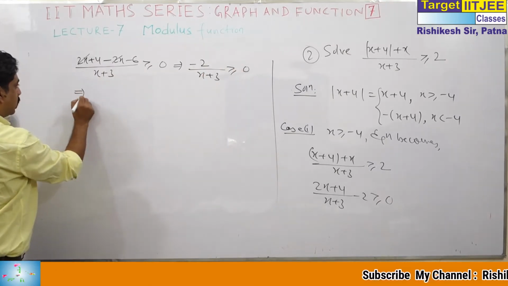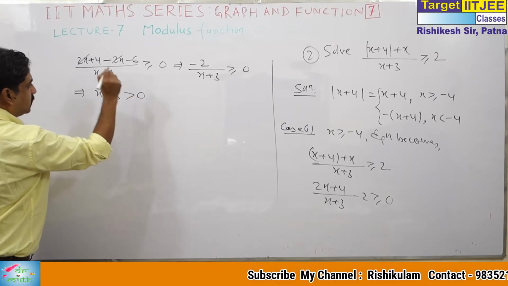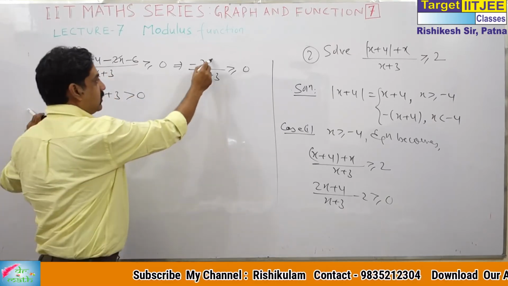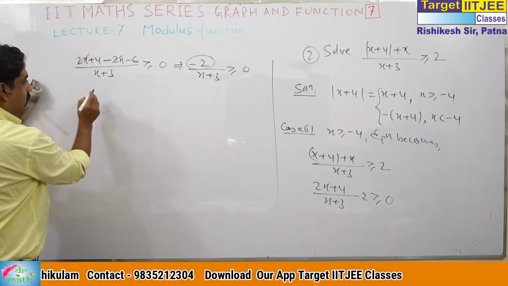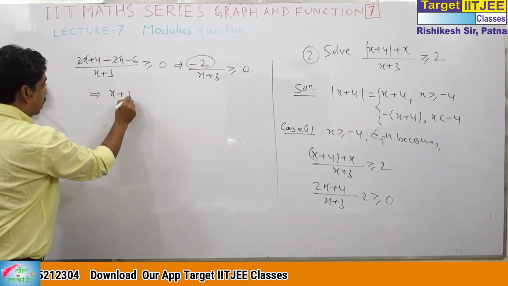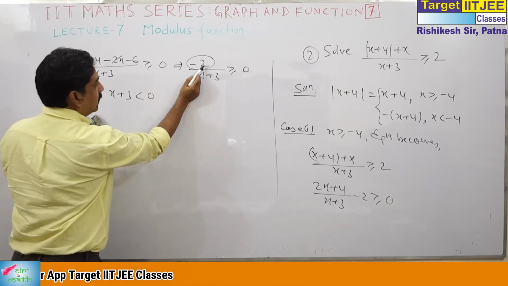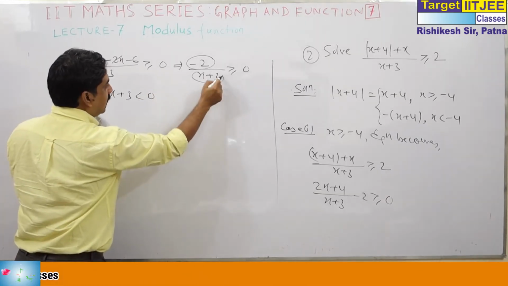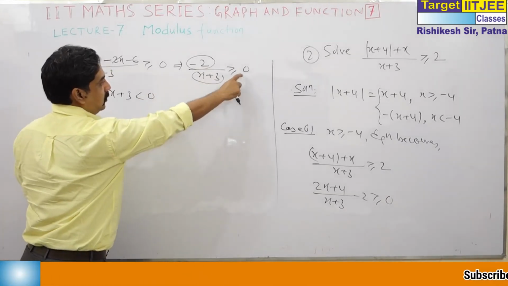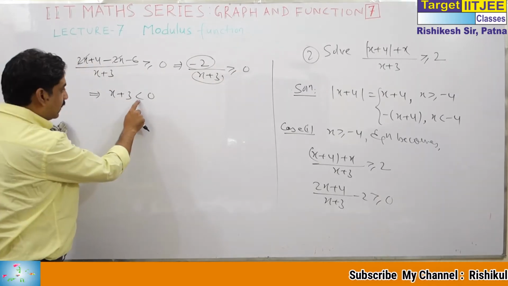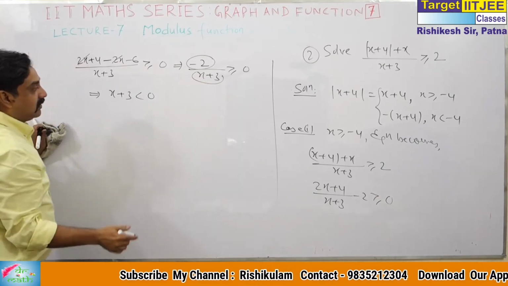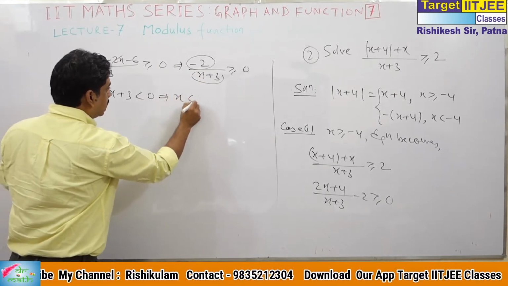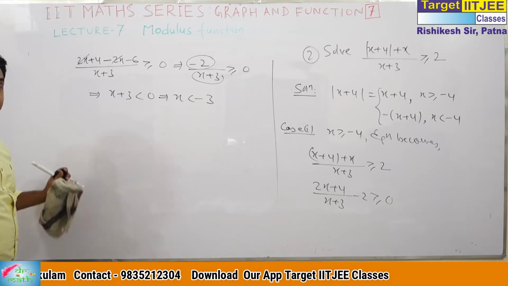This is possible only when x + 3 is less than 0. Why? Because the numerator is negative, so the denominator must be negative in order to make it positive, greater than 0. We cannot take the sign of equality here because the denominator cannot be zero. So x < -3.